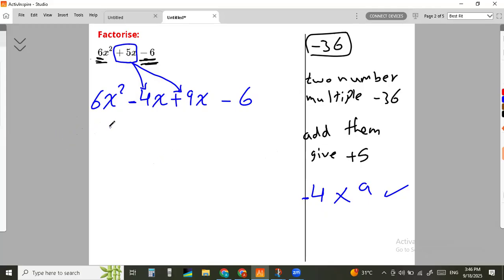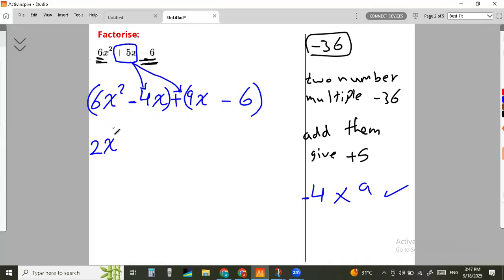Next, what am I supposed to do? You're supposed to put the brackets here around the first two terms. So I'm going to put two brackets here and brackets here. All right. Now I need you to factorize the first two terms. So I can get out a 2, and I can get also the x.